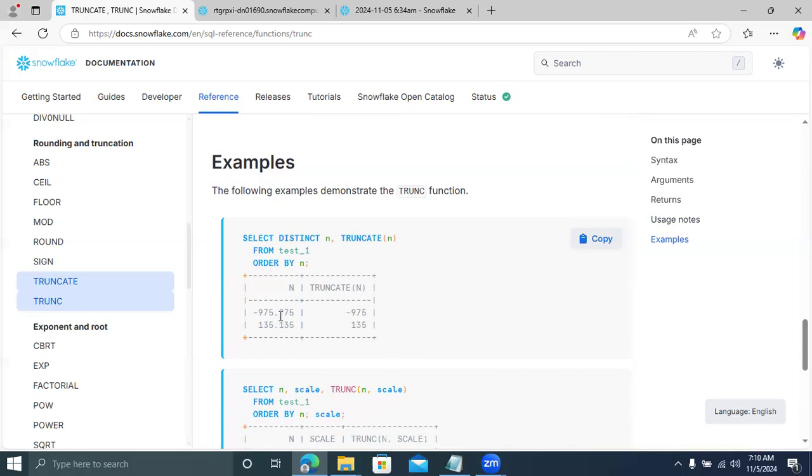I'm truncating, which means I'm removing all the decimal places, and giving the value minus 970. That's called truncate. For 130.135, I'm truncating all the decimal places and giving 130. Got it? This is how truncate works. It will take the value to the nearest or closest or smaller value, that is, it will remove all the values after the decimal. Got it?